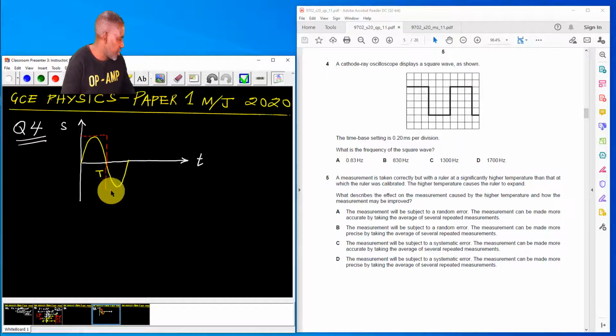And then it comes like this and like that. This line should have touched here. Right. So that one is a complete wave. So when we come to the square wave, a complete wave will start from this point all the way to some point here. And that is exactly what we have.